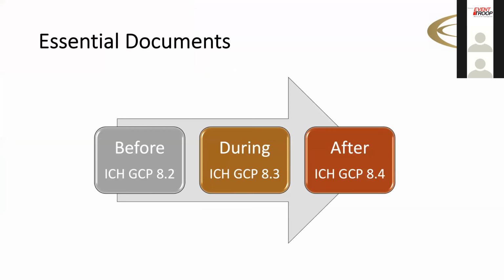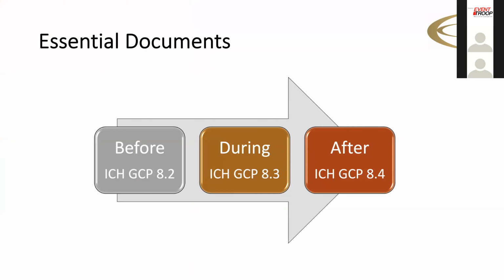So Section 8, that is going to tell you the minimum list. And how Section 8 has organized this, it's broken this into 3 sections, Section 8.2, Section 8.3, and Section 8.4. So what it does, it lists the documents that should be collected before the study starts.